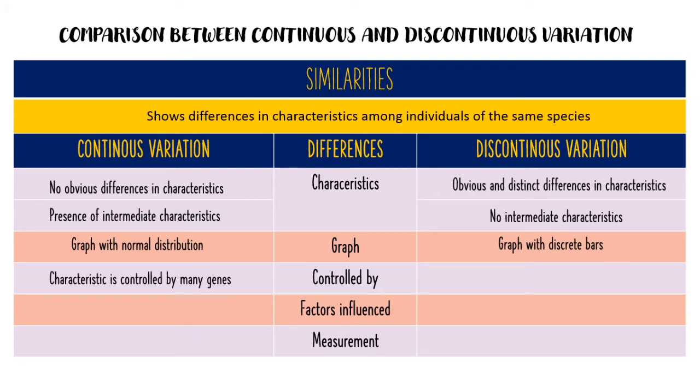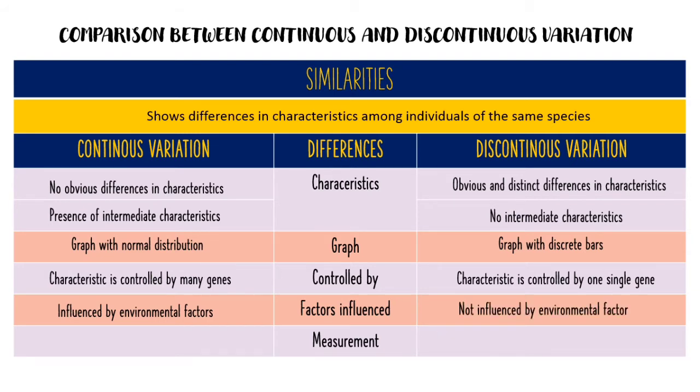In continuous variation, the characteristic is controlled by many genes, while in discontinuous variation, the characteristic is controlled by one single gene. In terms of factors, continuous variation is influenced by environmental factors, while discontinuous variation is not influenced by environmental factors.